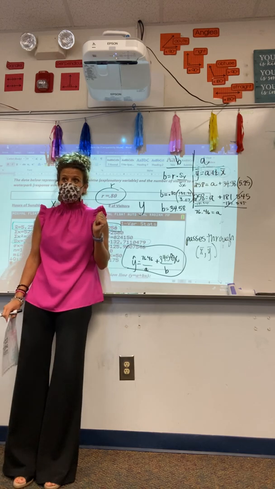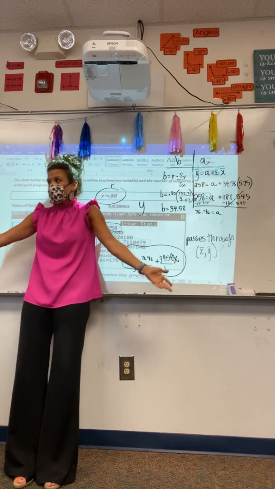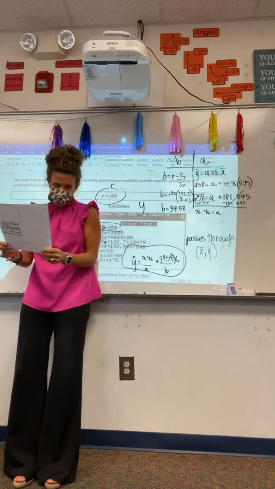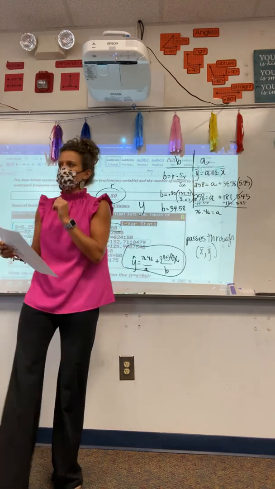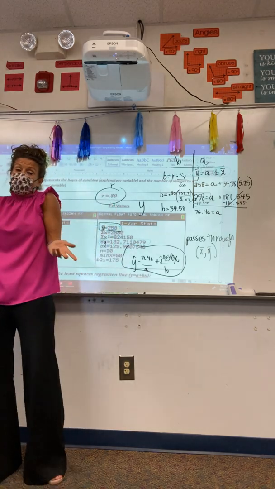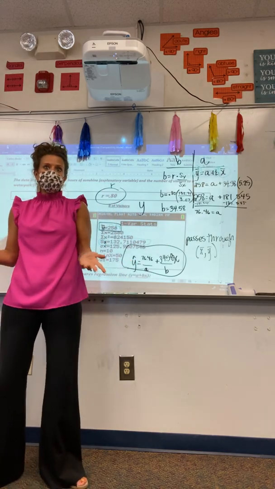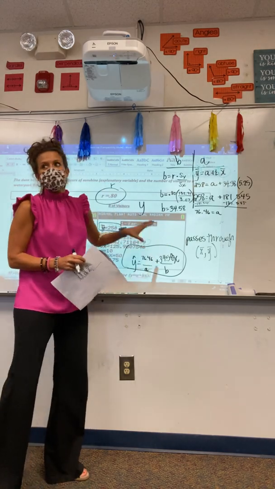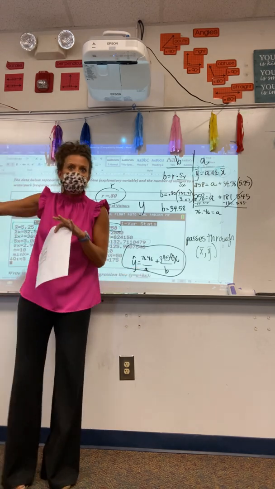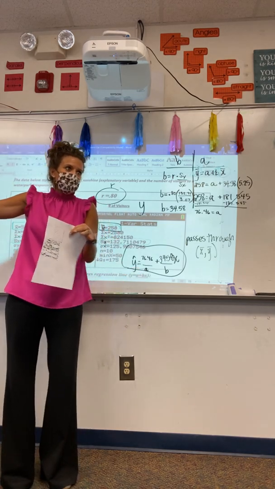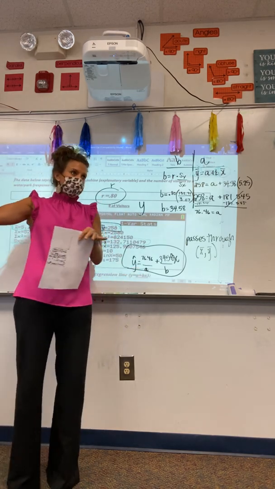Is that extrapolation? Does it even make any sense? 0 hours of sunshine, and I'm going to have 76 visitors. It's extrapolation. It's outside of the range of the data. Sometimes your y-intercept won't make sense because it's way too far outside the range of the data. There's no way you're going to have 0 hours of sunshine.